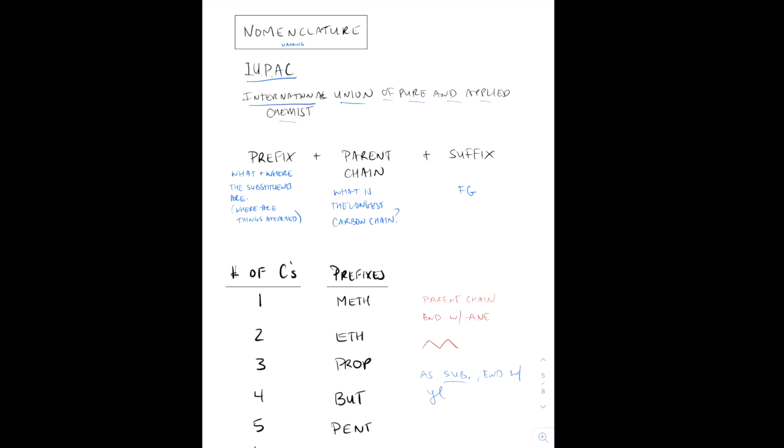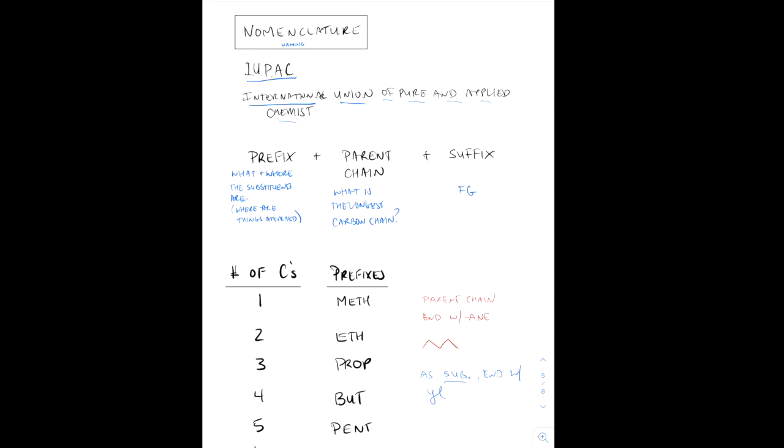If I name a substance in the US, people in Europe are going to be able to understand that because they also follow IUPAC rules. It's an international union, so every country follows these rules, and that allows us to communicate very clearly.